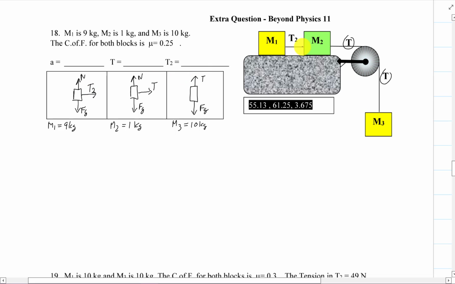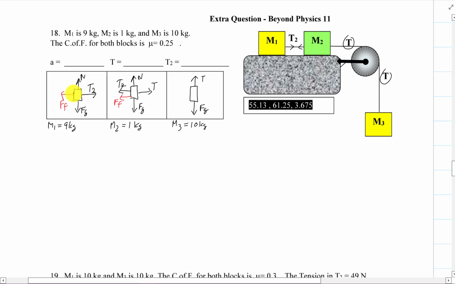But T2 is then pulling back on M2. It's going to be pulling back and forth, so this is going to be T2. Now, let's add the frictions. There's no friction on M3, so there's only a friction force here and a friction force here.